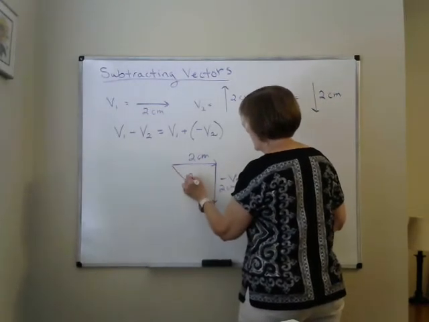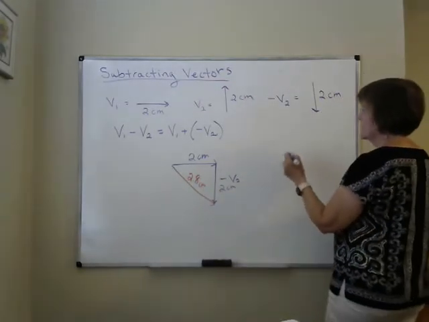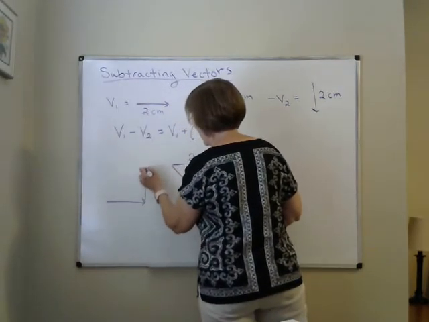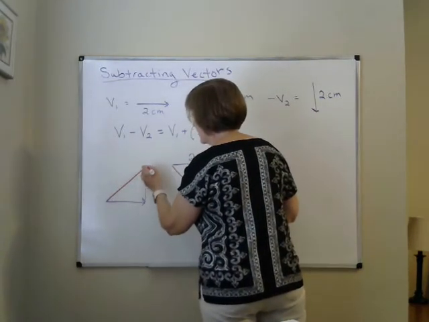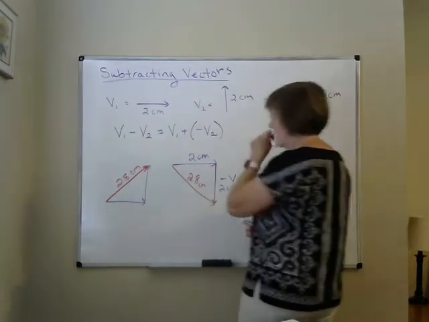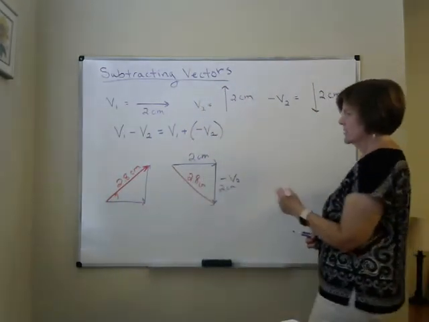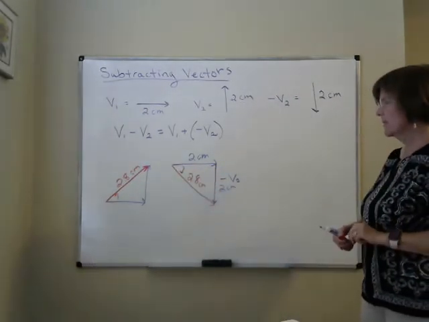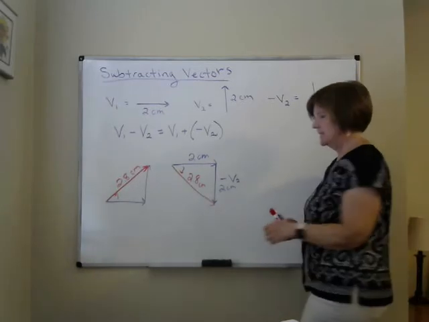It's still 2.8 centimeters, but if you recall, when I added V1 plus V2, the first example, it looked like this. And the resultant was at positive 45 degrees. This time, this points downward at negative 45 degrees or below horizontal. So if we need to subtract, we need to add the opposite.